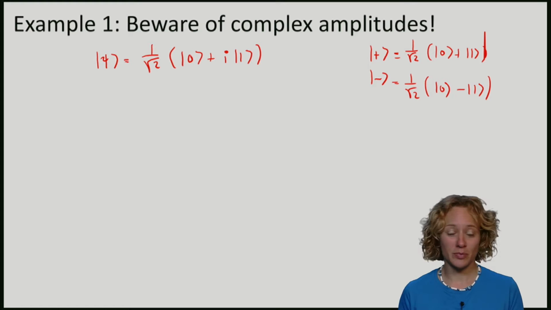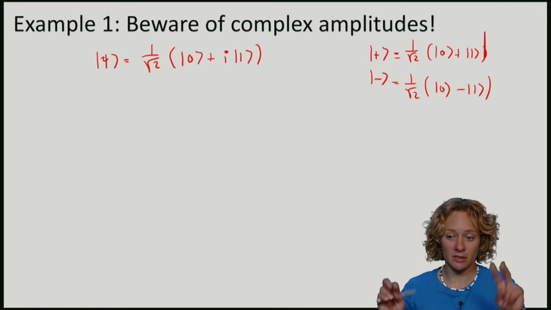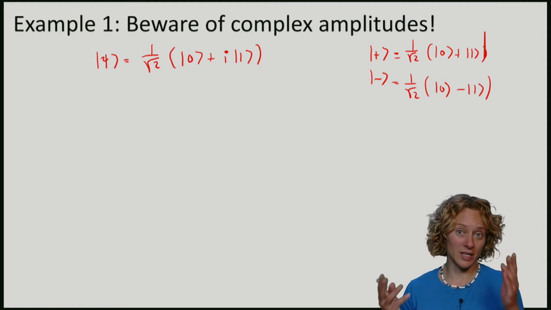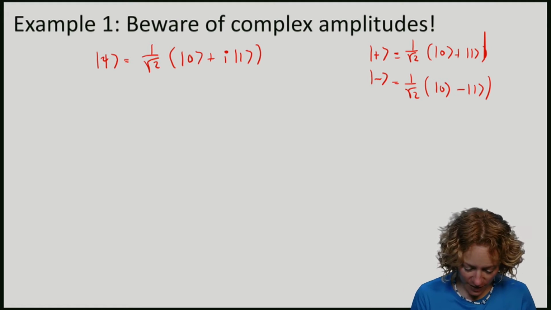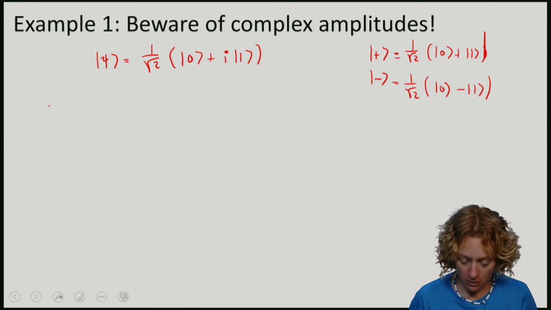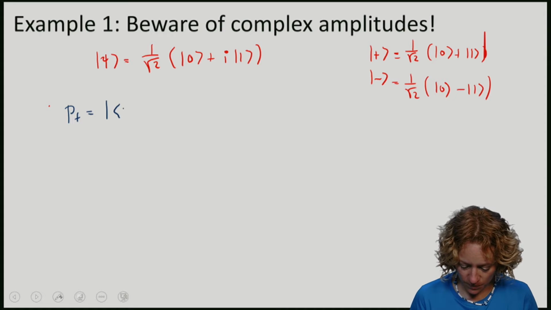Now we know by our rule that the probability of obtaining outcome plus, so again we'll identify outcomes with the basis elements, can be found by computing the inner product between psi and plus.